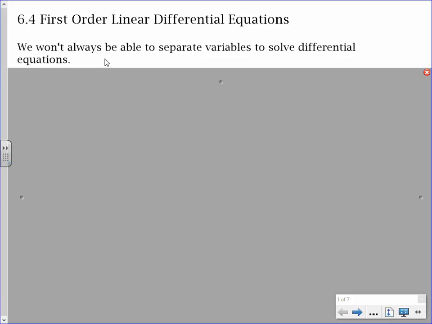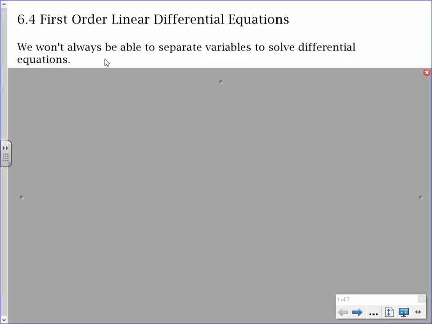And so Euler's method was nice because we could follow the tangent line a little bit closer, even if we couldn't get the exact approximation, right? Our slope fields gave us an idea of what a general curve was going to look like, even if we couldn't find the equation of a general solution because we couldn't separate our variables.